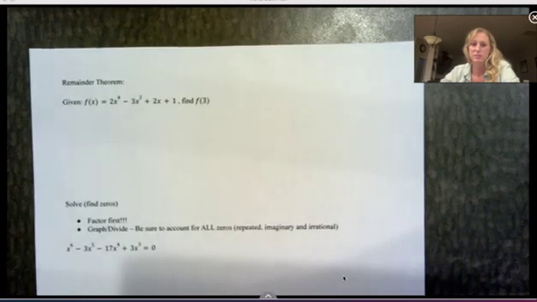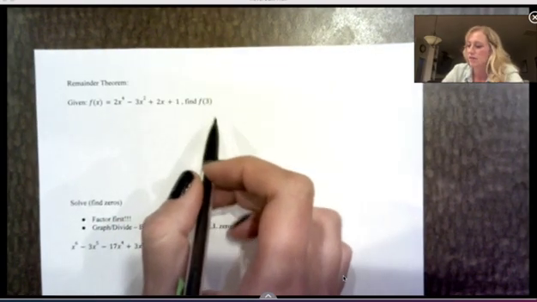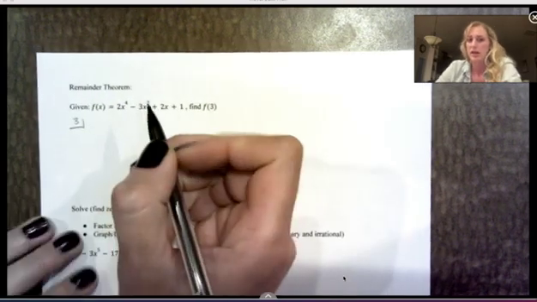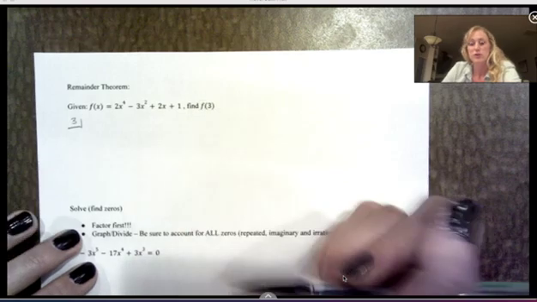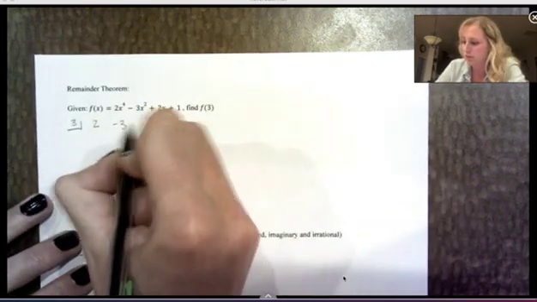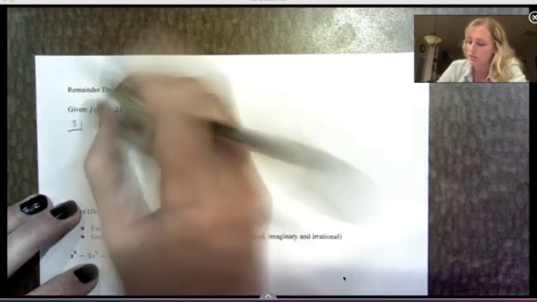All right, remainder theorem. This is also using synthetic division. Finding f of 3, so that's what I'm going to put in my box is 3. And whatever I get for my remainder, that's what f of 3 equals. So I'm going to do synthetic division just like I normally do. Oh, I'm missing an x cubed, so I'm going to put a 0.